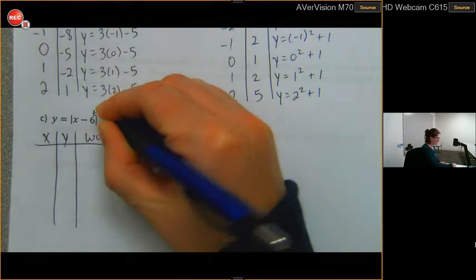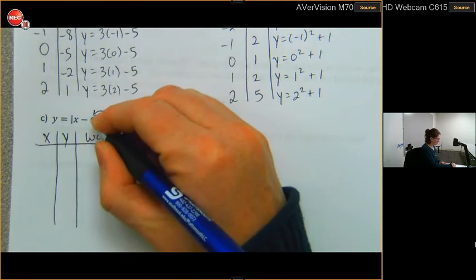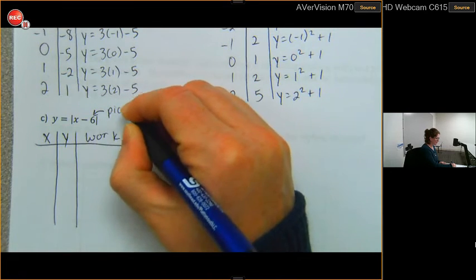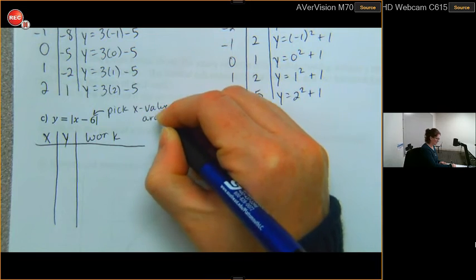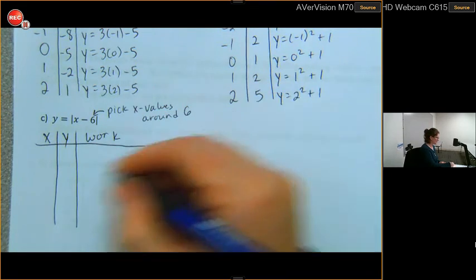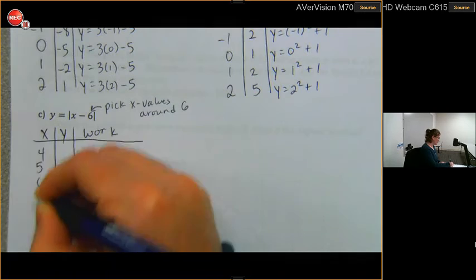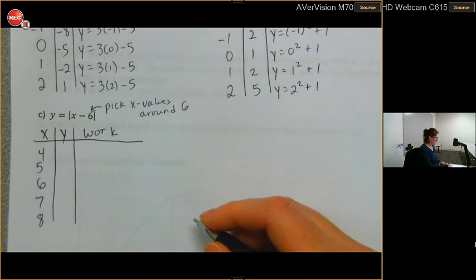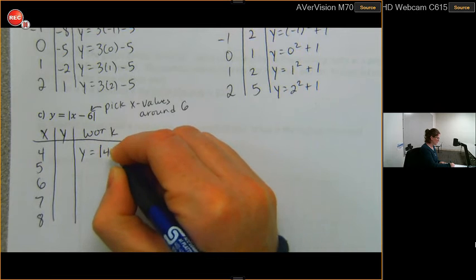So I'm going to use the opposite sign. Since it's 6, I'm going to pick x values around 6. So 6 is going to be in the middle. 5 and 4, 7 and 8. The reason I do this, we'll see shortly by the shape of the graph.